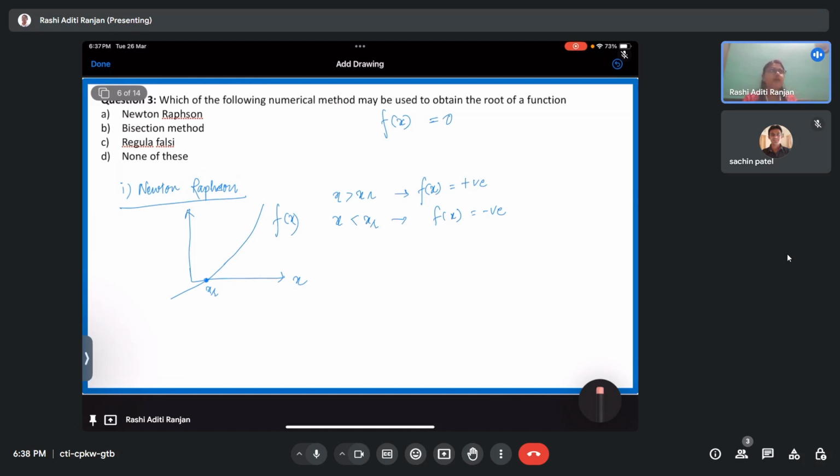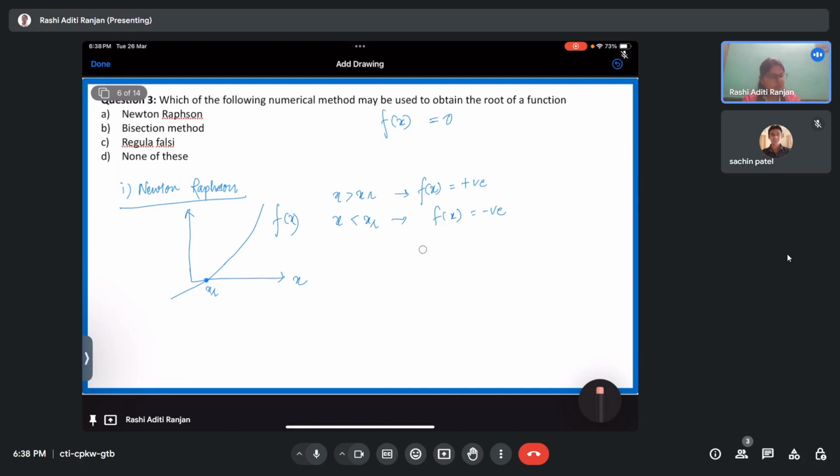For example, if I know that there is a function like x square plus 2, I know that this is a square term, it is going to be a parabolic variation, so it is going to have two roots at least. Likewise, if I have a cubic equation, I can also intuitively get some values in my mind.